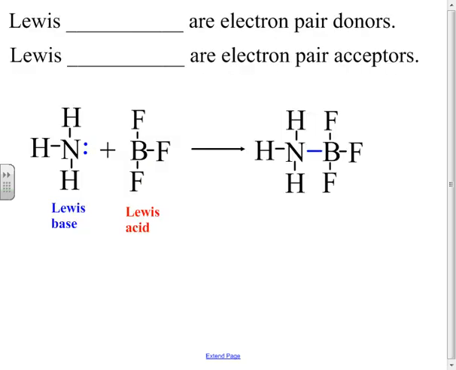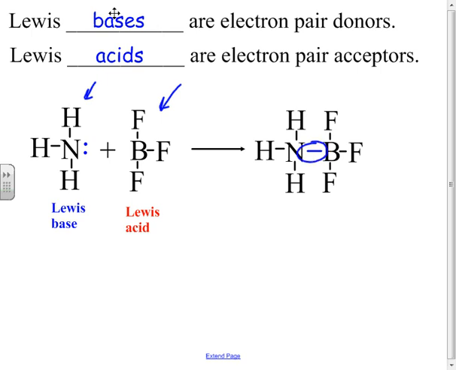Last definition, Lewis definitions. Lewis bases are electron pair donors, and Lewis acids are electron pair acceptors. If we look at the example given here, the ammonia molecule is going to bond to the boron trifluoride molecule.